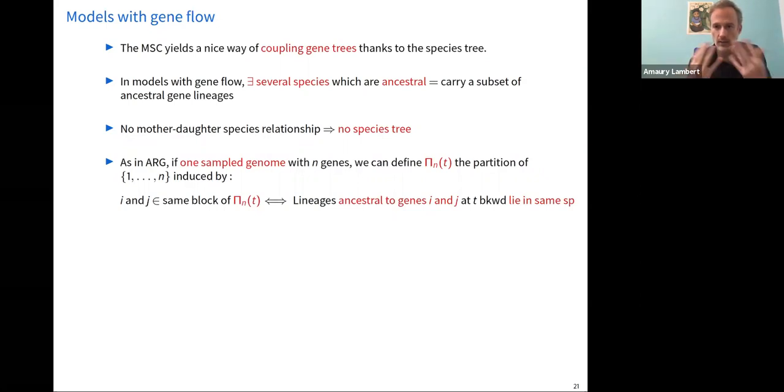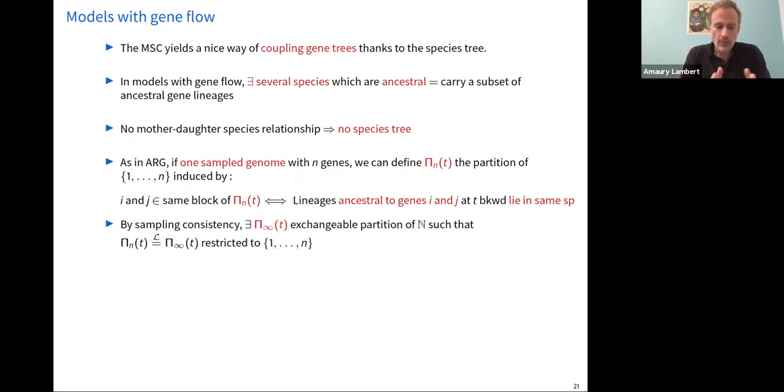Okay, so we had this partitioning process that described blocks which are lineages that are in the same individual, and now it will be lineages that are in the same species. So what we would like to know is how this process behaves as t goes backward in time, and especially we don't want to have too many ancestral species as n grows.